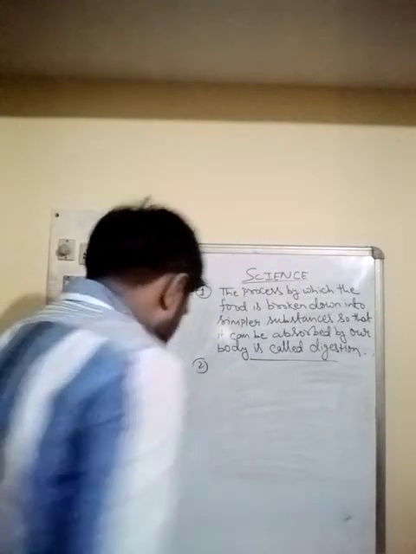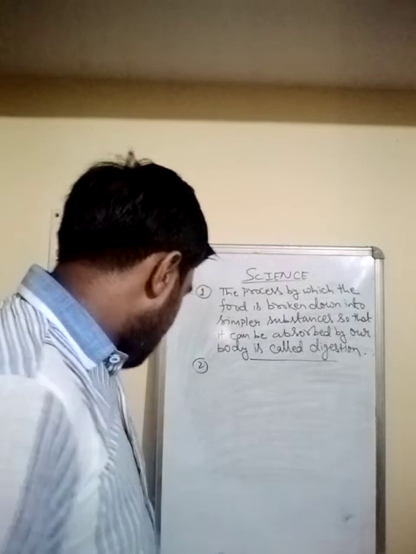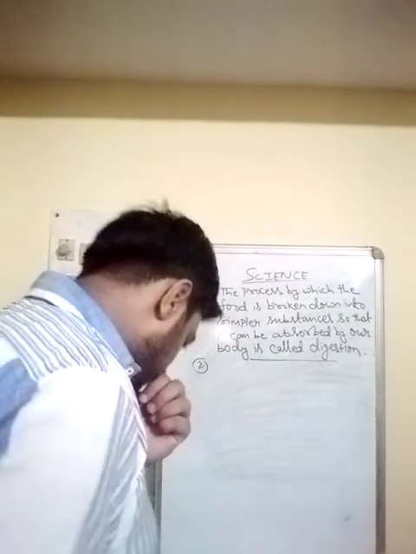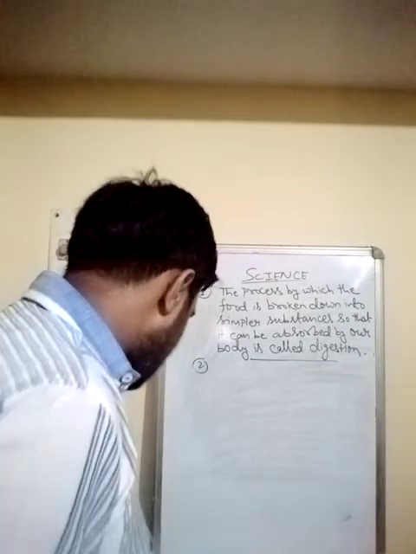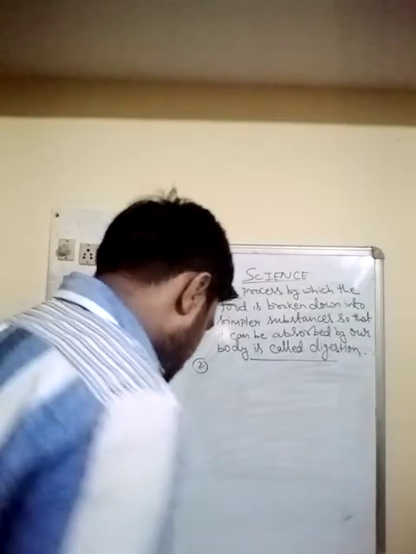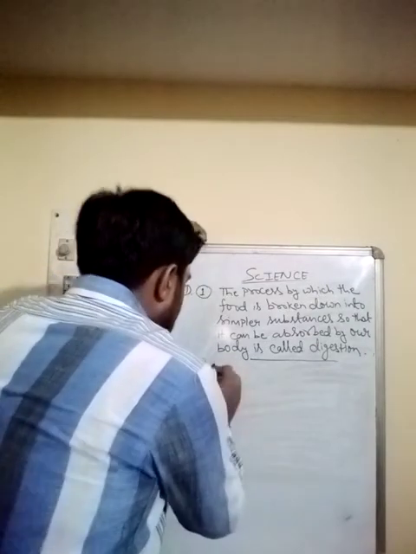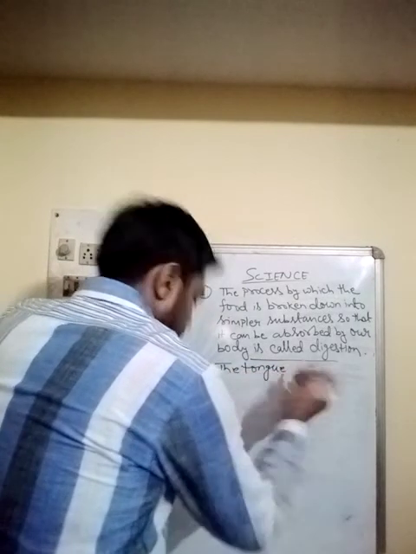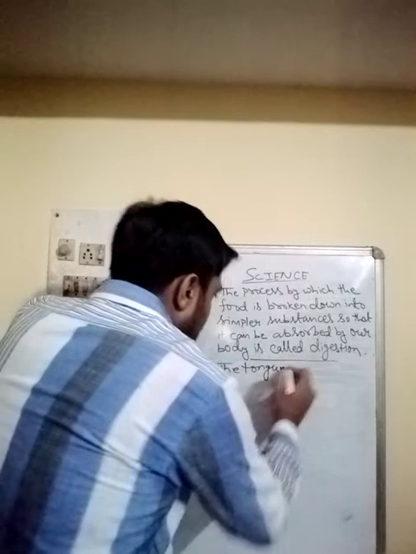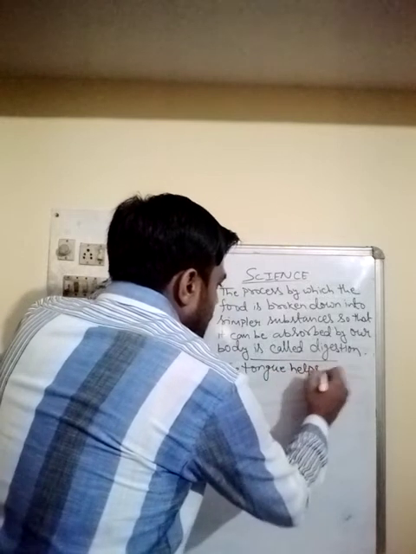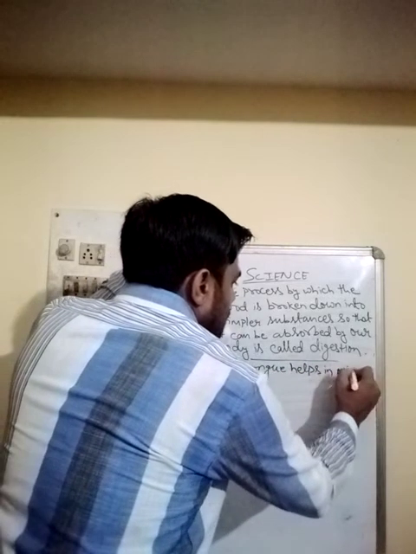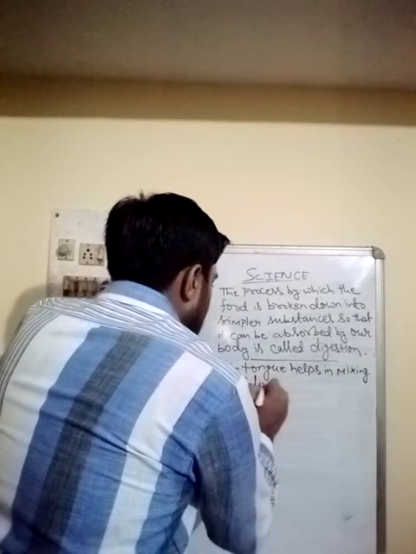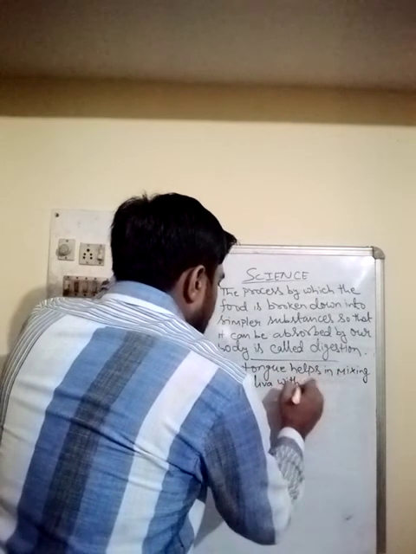Number 2, what is the role of tongue in the digestive process? So let's see what's the role of the tongue. The tongue helps in mixing of saliva with the food.